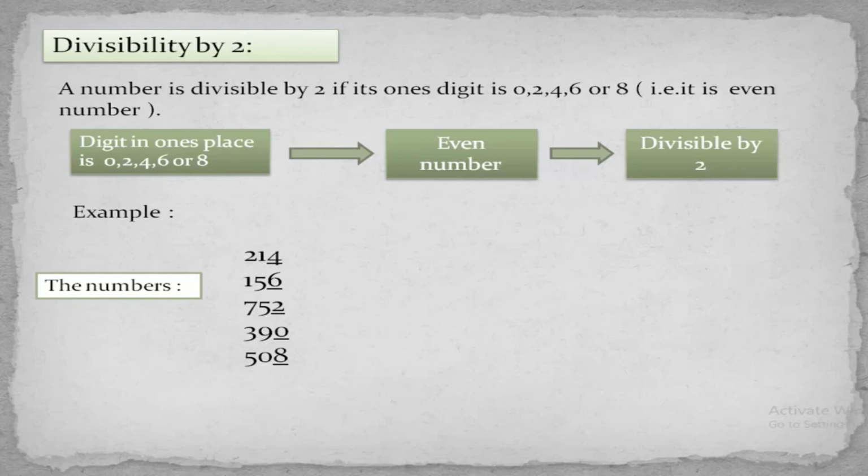In 156, the ones digit is 6, so it is an even number. In 752, the ones digit is 2, so it's an even number. In 390, the ones digit is 0, so it is an even number. And in 508, the ones digit is 8, which means it is an even number. These numbers are even, so they are divisible by 2.